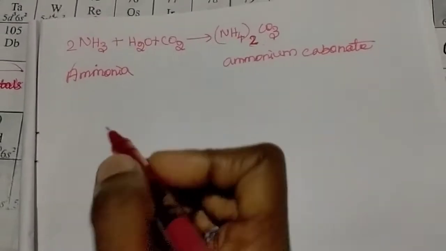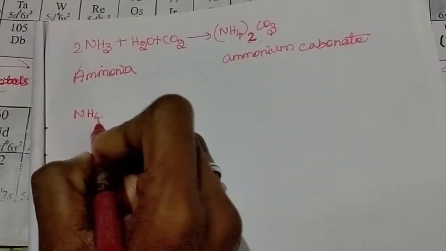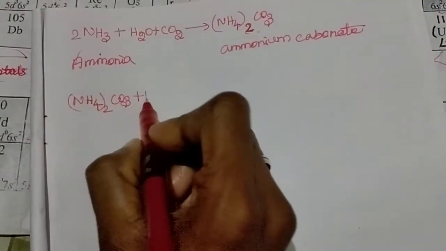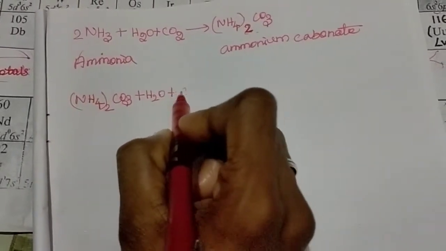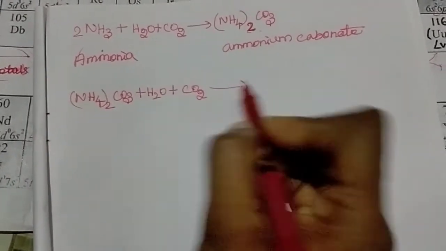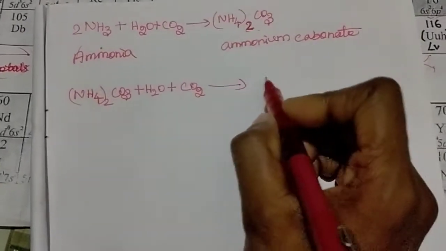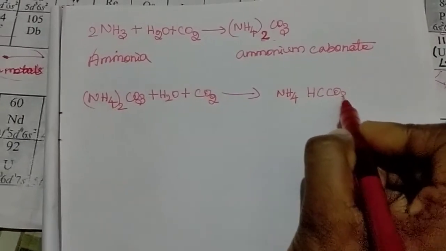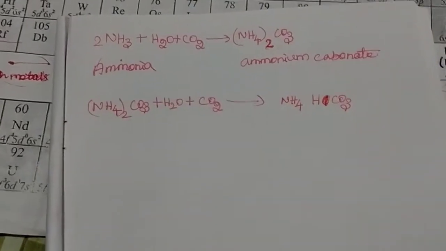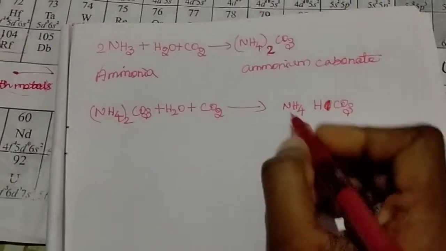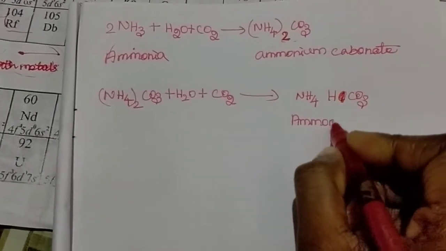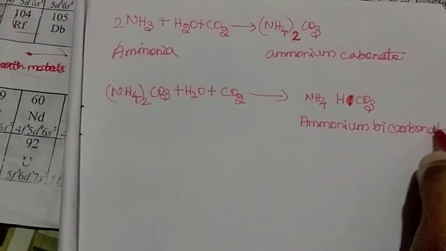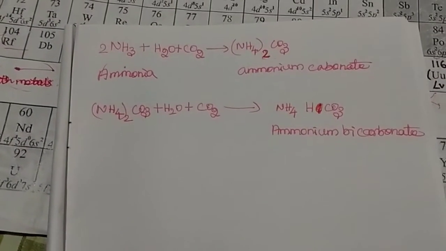Then this ammonium carbonate, (NH4)2CO3, undergoes reaction with water and an excess amount of carbon dioxide. The result of this process is NH4HCO3. This is ammonium bicarbonate.